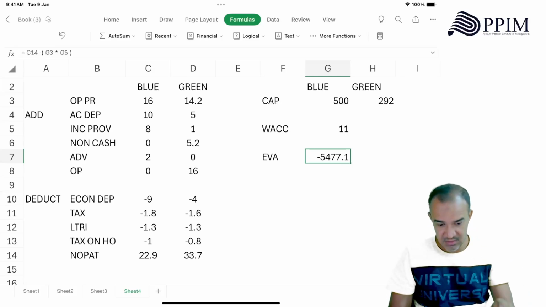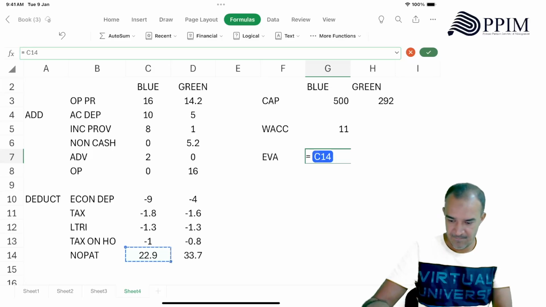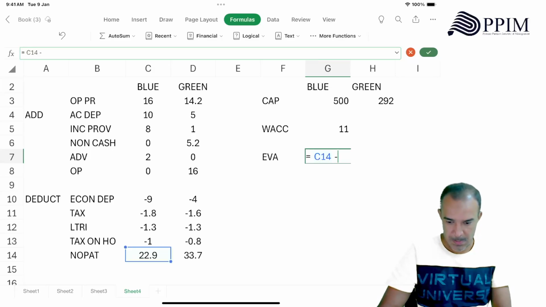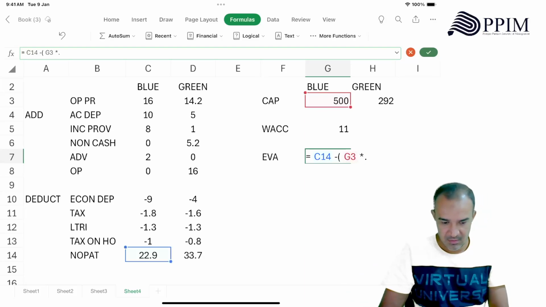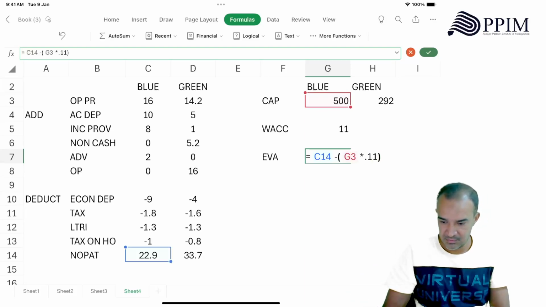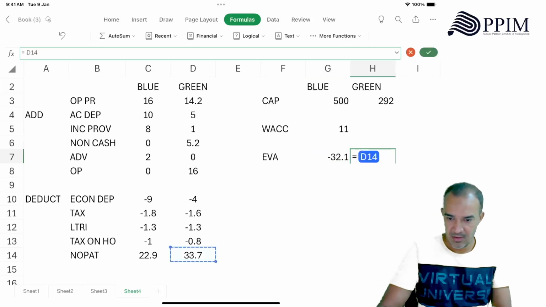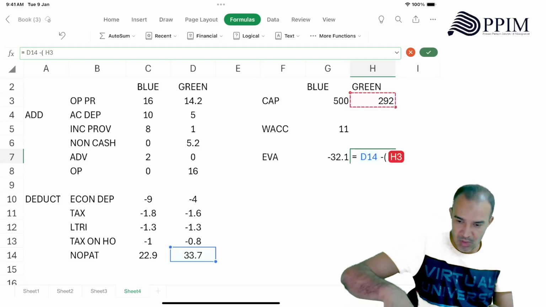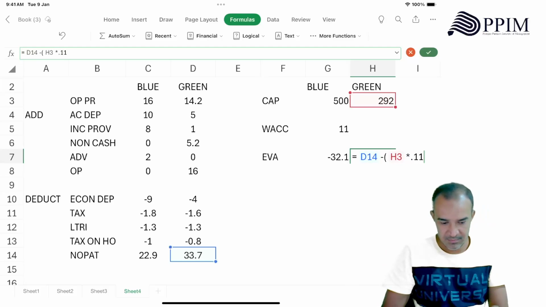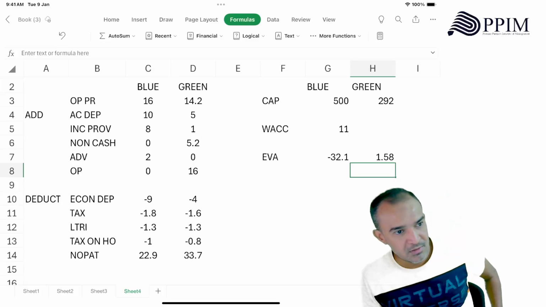Take WACC as 0.11. 33.7 minus 292 into 0.11, 1.58. Got it?